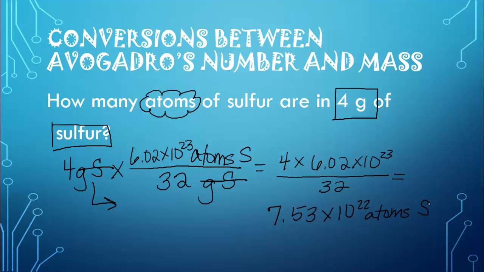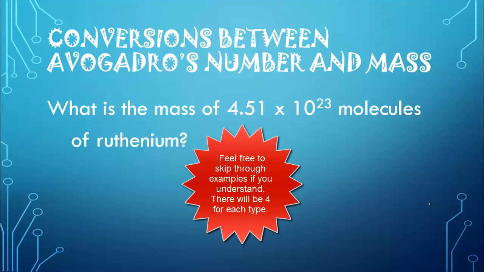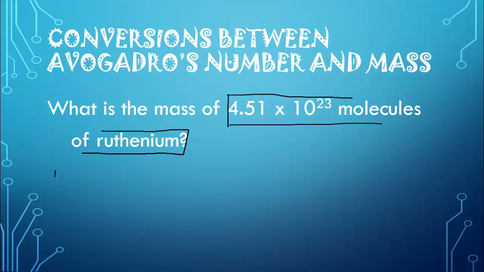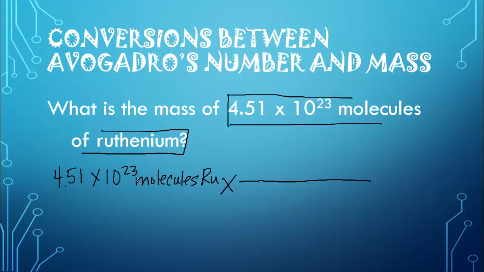Next example. What is the mass of 4.51 times 10 to the 23rd molecules of ruthenium? So our given, 4.51 times 10 to the 23rd molecules of ruthenium times your line. We want to get rid of molecules of ruthenium, so it's going to go on bottom.